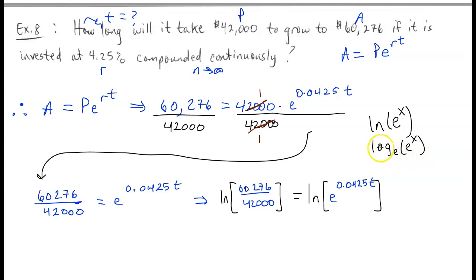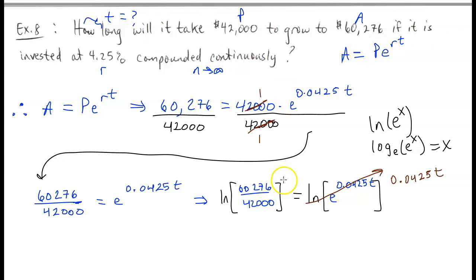And we know that there is a logarithm property that says anytime we have log of some base and the argument on the inside of the logarithm is an exponential with the same base raised to the exponent, whatever the exponent is, that is the answer. So all of this just simplifies to 0.0425t.